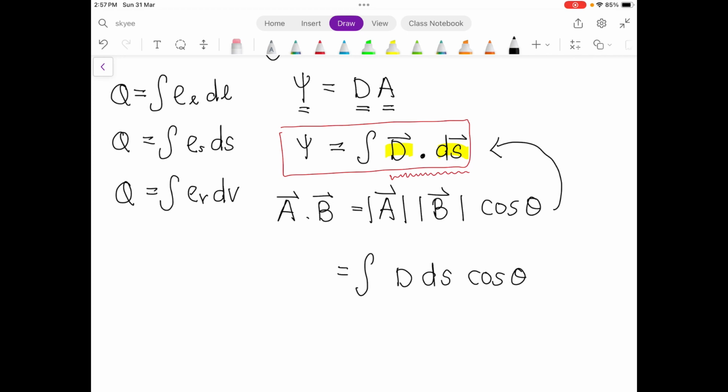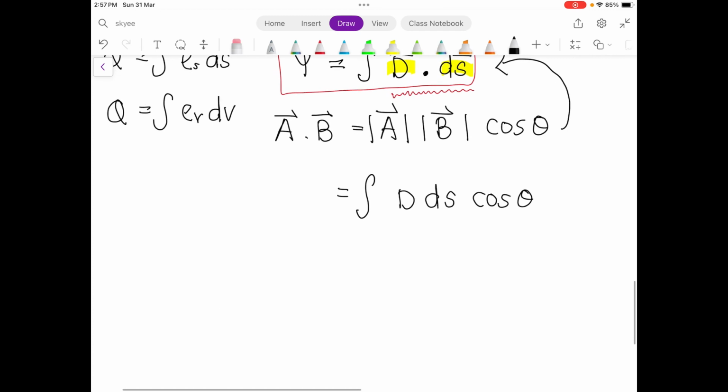Okay, so the thing that tells you whether the flux is maximum or minimum is the angle.